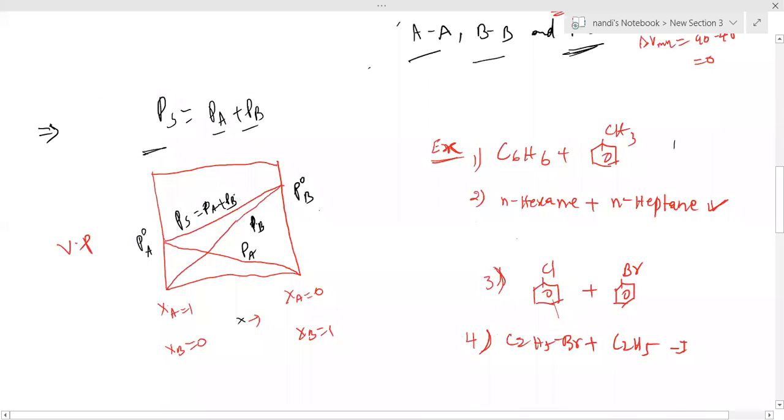Here, everything changes mainly because of attractions only. That is a key point. Now the A attraction, B attraction and AB attraction are all the same, so there is no difference. Whatever you are studying, that is the ideal case.